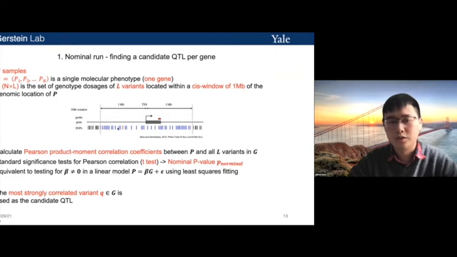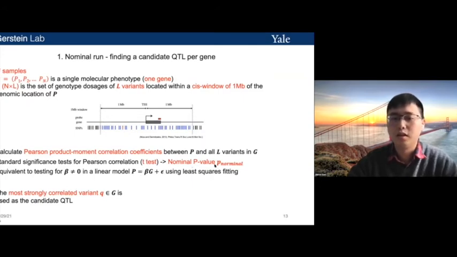And for each of the SNPs, you could do a linear regression, right? So basically, you just conduct the linear regression on this whole matrix, that is the phenotype P equals beta times G, the genotypes. This is just the standard linear regression. And you test whether this beta is equal to 0.